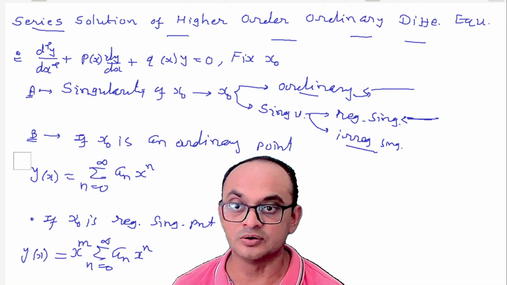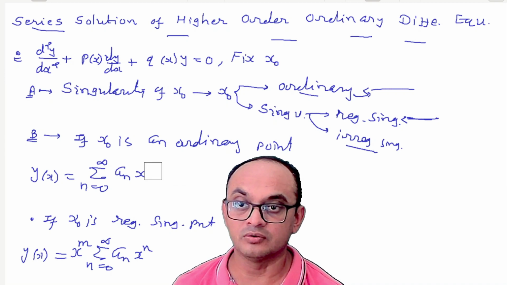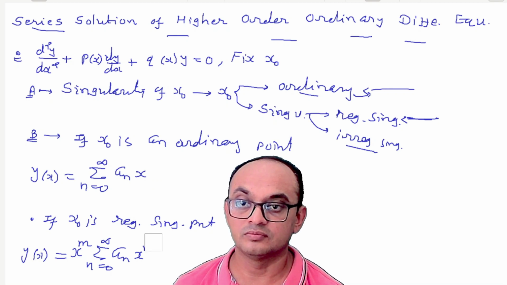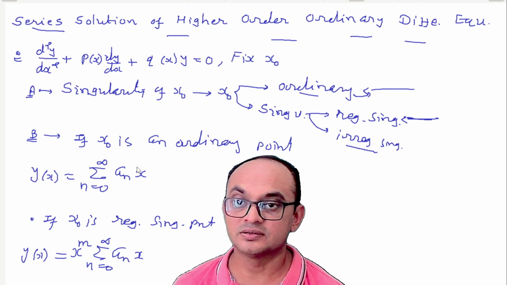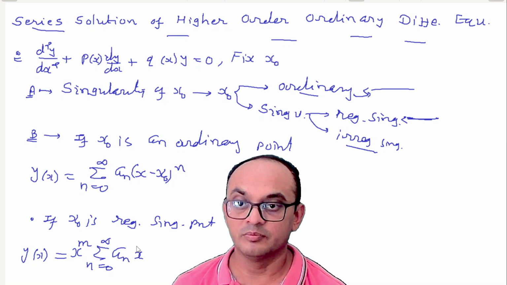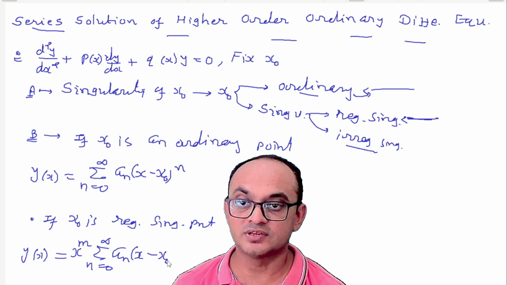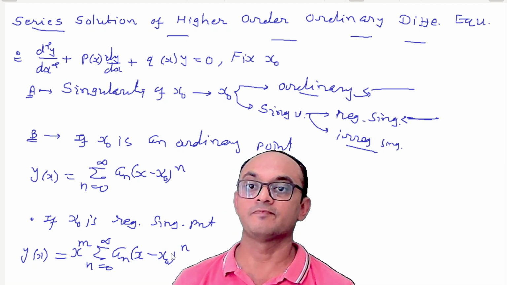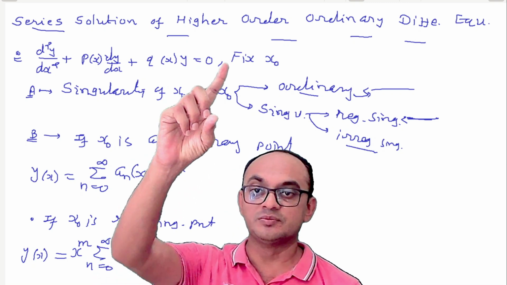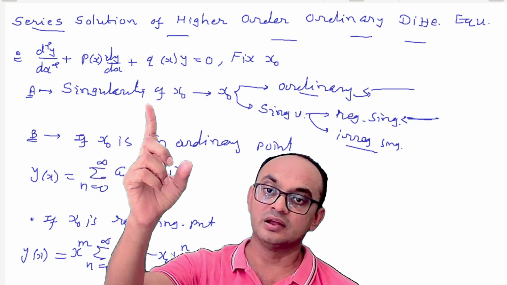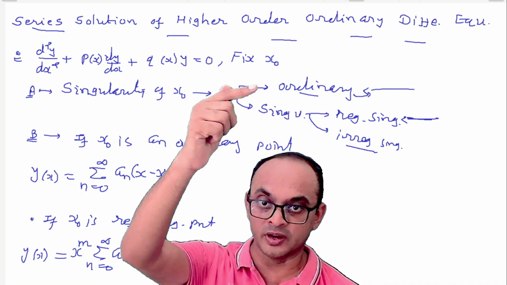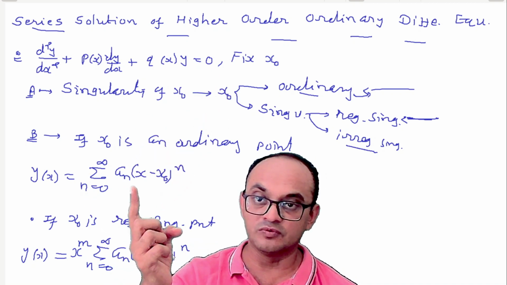The point is x0, so I have to write here x minus x0 raised to n, because we are fixing the point x0. First we find the singularity at x0; if it is an ordinary point, then this is the solution format.